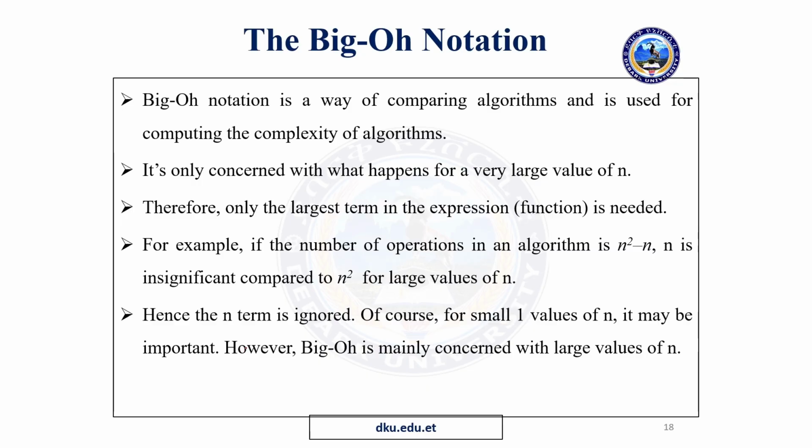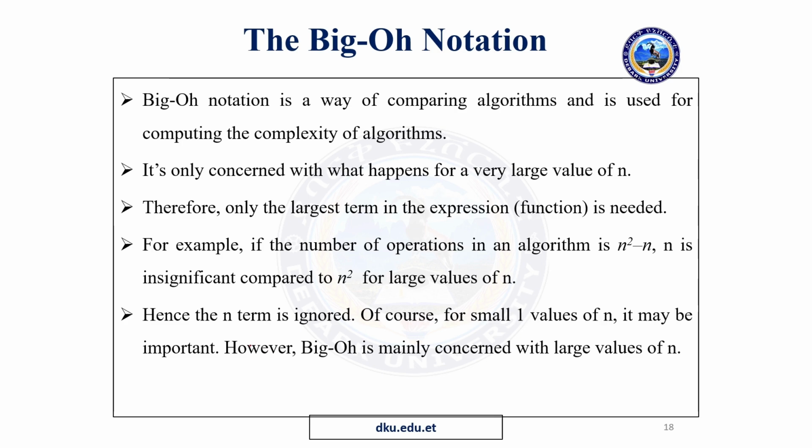Big O notation is a way of comparing algorithms and is used for computing the complexity of an algorithm. It is only concerned with what happens for very large values of n. Therefore, only the largest term in the expression or function is needed.